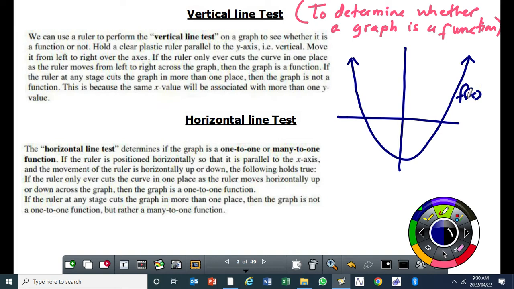If I want to prove that this quadratic function is indeed a function, I can perform what's called a vertical line test. Now, with the vertical line test, it works this way.